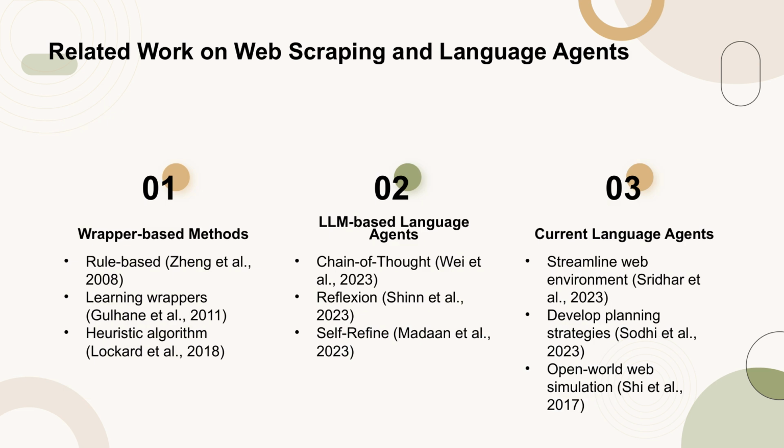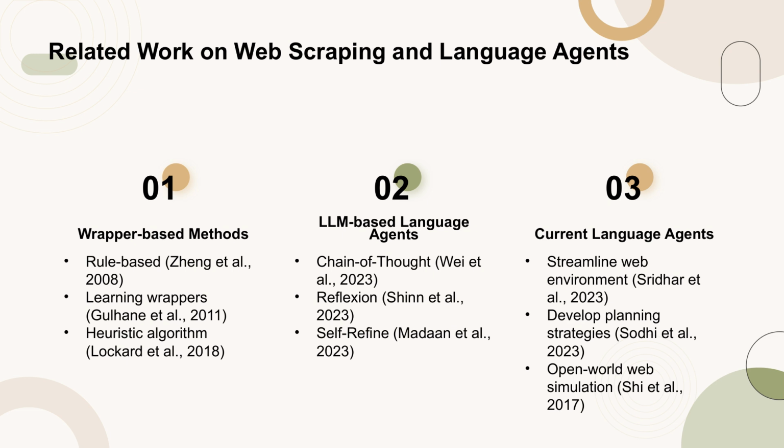Wrapper-based methods for web scraping include rule-based approaches, learning wrappers, and heuristic algorithms. These methods require significant human involvement, making them difficult to scale across multiple websites. Language agents leveraging large language models, LLMs, have emerged, such as chain of thought, reflection, and self-refine, which use the LLM's self-reflection capabilities for iterative planning.